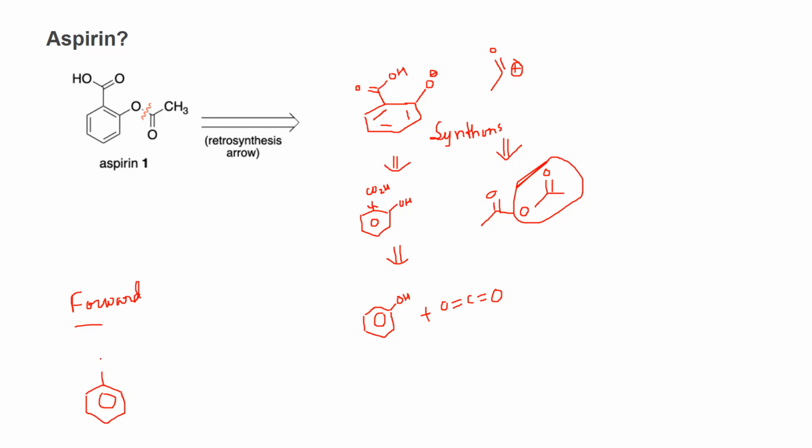This phenol undergoes aromatic electrophilic substitution with carbon dioxide, followed by HCl. It will give salicylic acid.